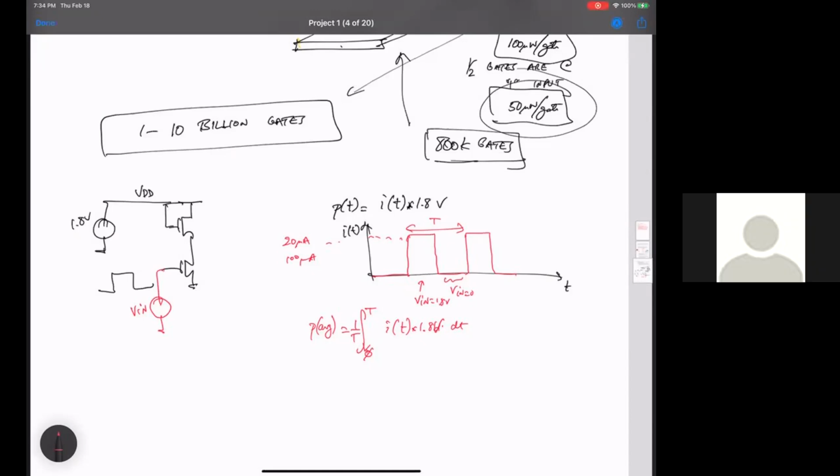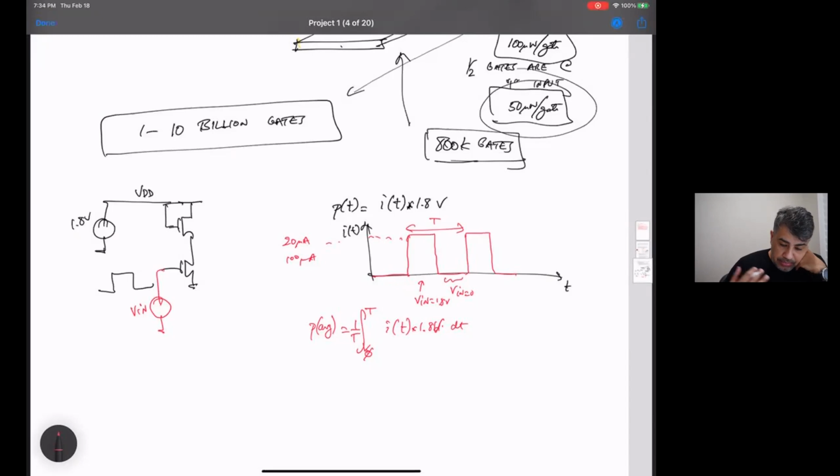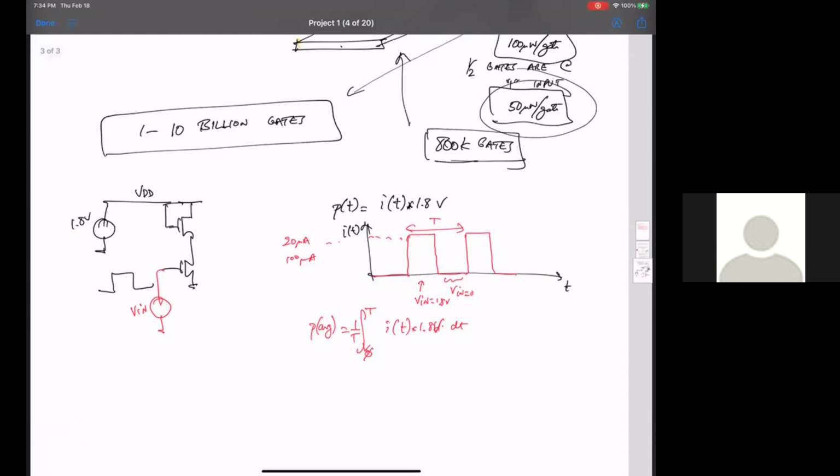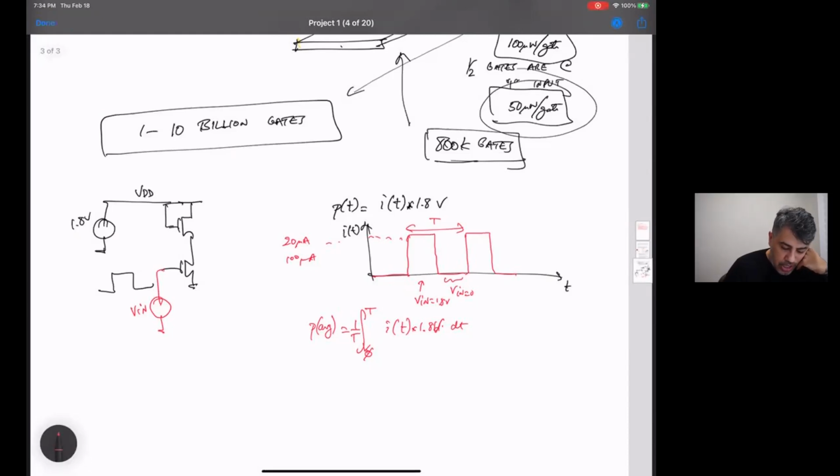Got it. And for I of t, how would you go about finding that function so you can integrate it? I can't be bothered to do too much automated work. I just do everything the hard way. I put a probe on this thing, which you can do as a current probe, or in LTSpice, it almost looks like a fly that shows up if you put your cursor on the schematic.